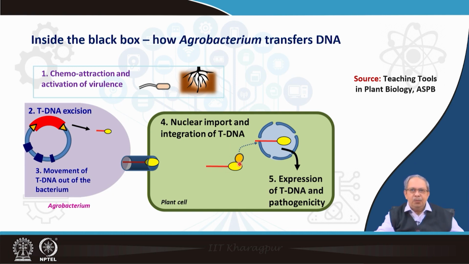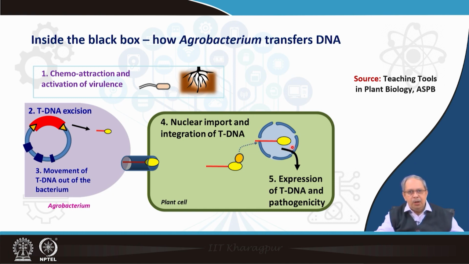There may be certain proteins of the plant as well as certain other Vir proteins which guide the single stranded T-DNA to move inside the nucleus through the nuclear pore, and once it enters.